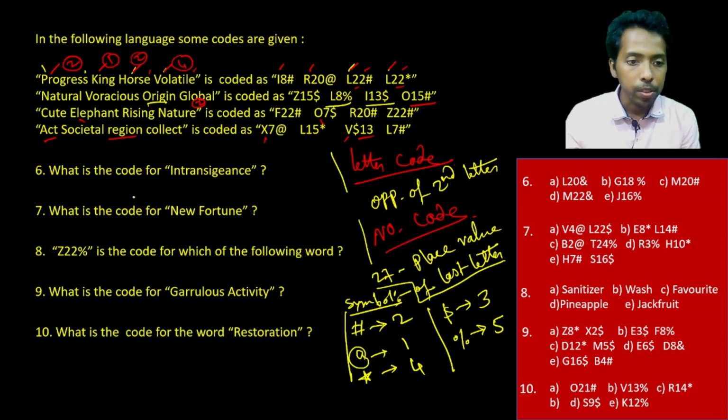Now try this one. What is the code for intransigence? Intransigence, that is N. N opposite of N is M, and E last letter place value, that is E, 5. So 27 minus 5 is 22, and 1, 2, 3, 4, 5, 6. See here the number of letters is 6.